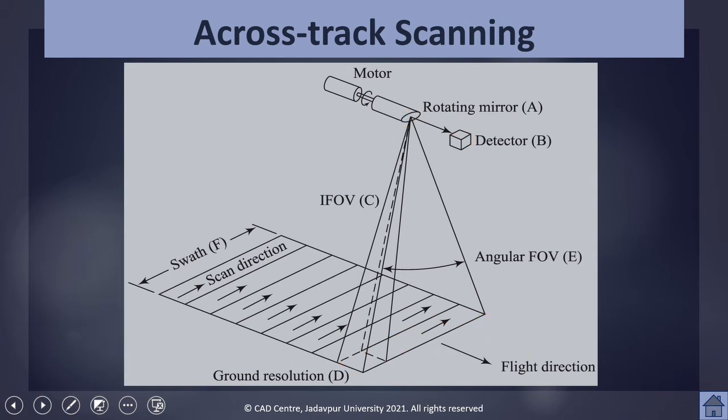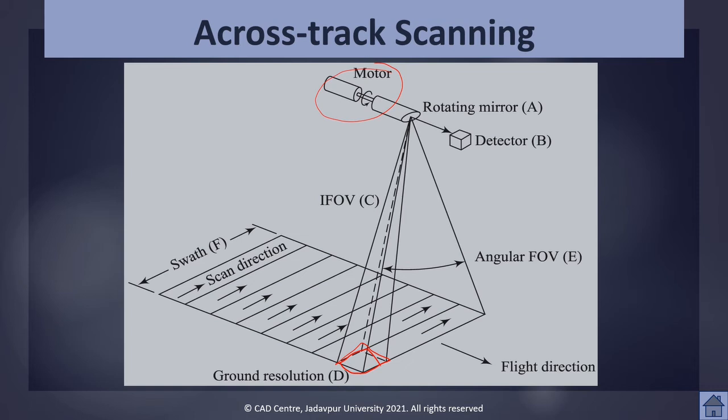This technique has several disadvantages. First of all, it is extremely slow, and second, since we are using mechanical instruments like motors, its precision is not properly maintained, and several wear and tear problems are there, and it may malfunction sometimes. Further, since it is extremely slow, it cannot focus on a specific ground cell or area on the ground.